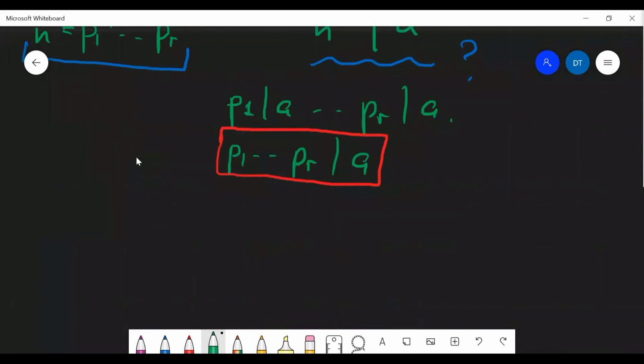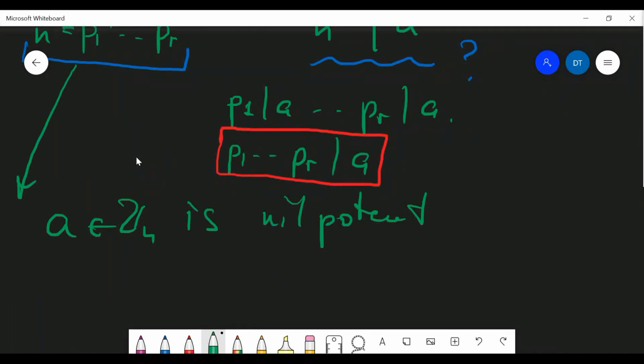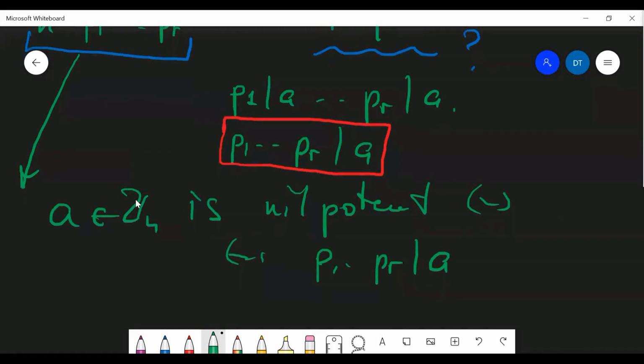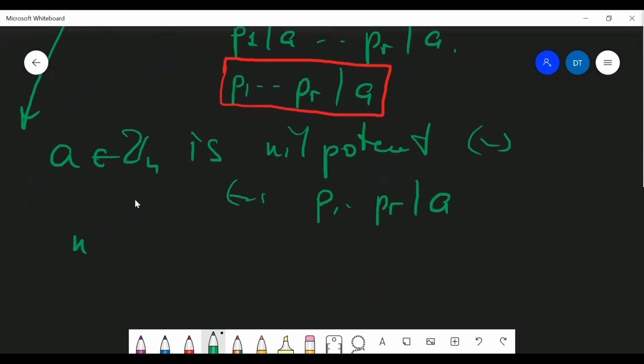So let me summarize this. An element A in Zn is nilpotent, and let's say n is represented like here, if and only if p1 through pr divide A. So in our case, n is equal to 12, which is 2 squared times 3.